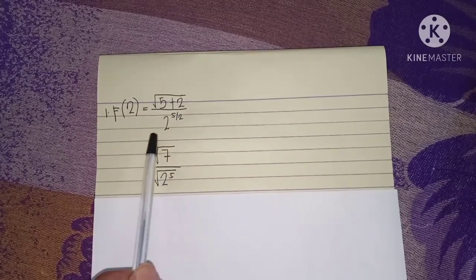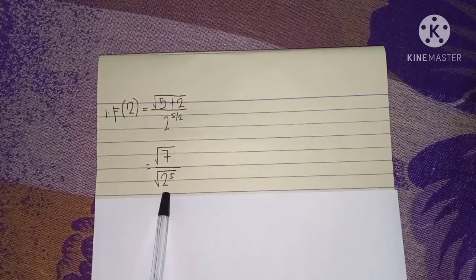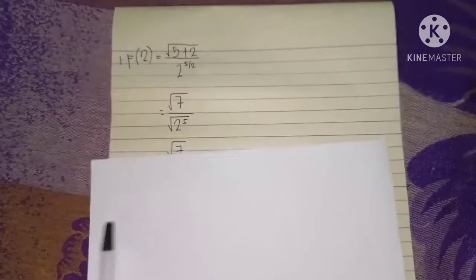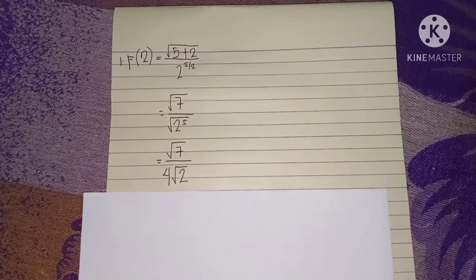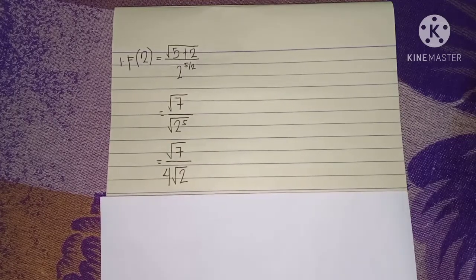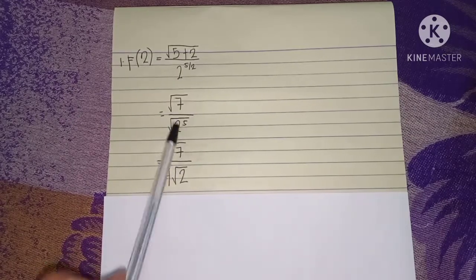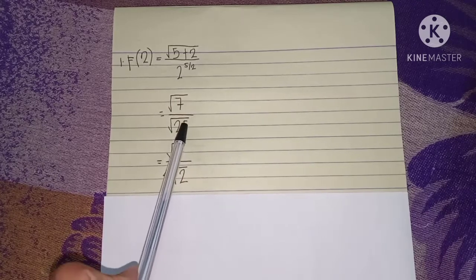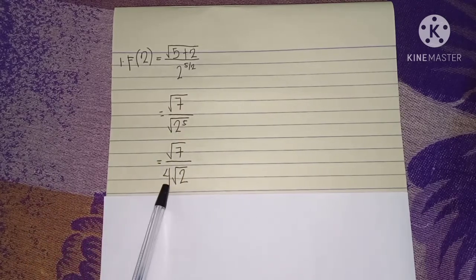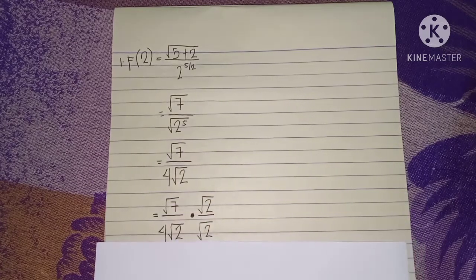And then 2 raised to the power of 5 halves is square root of 2 raised to the power of 5. We try to simplify the square root of 2 raised to the power of 5, whose simplified form is 4 square root of 2, and we'll just copy the square root of 7.